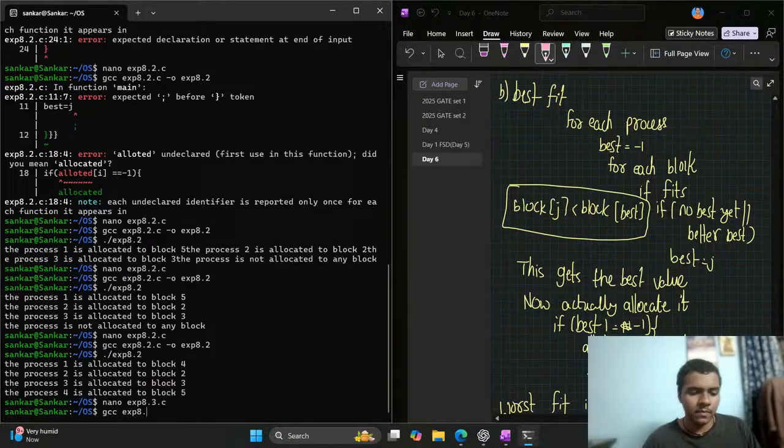GCC experiment 8.3.c, output file experiment 8.3.